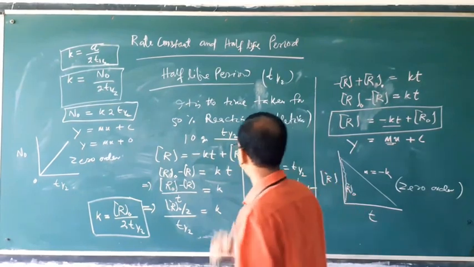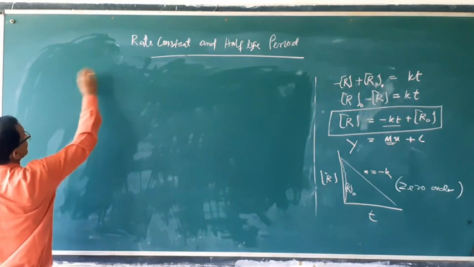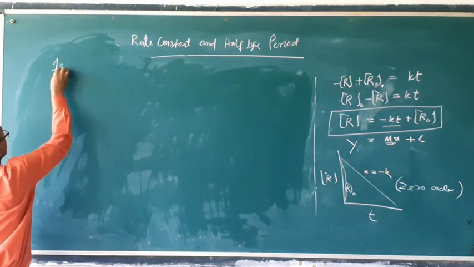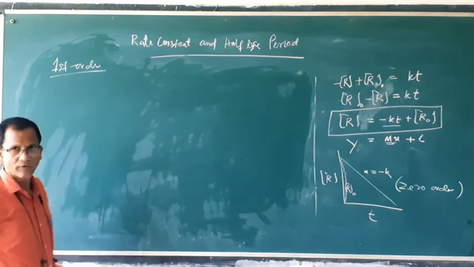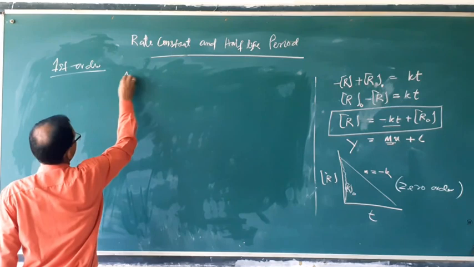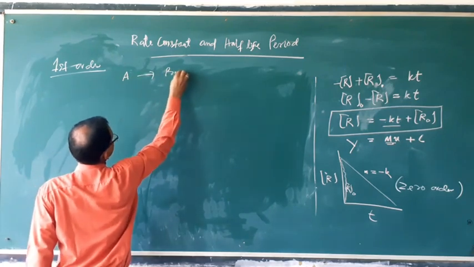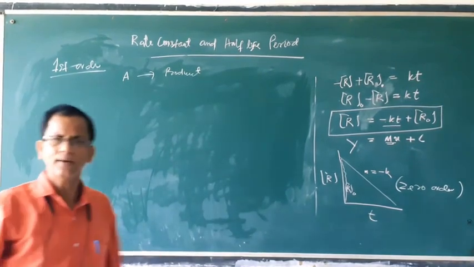Then come to first order. We know for first order, if A changes to product, let it be a first order.